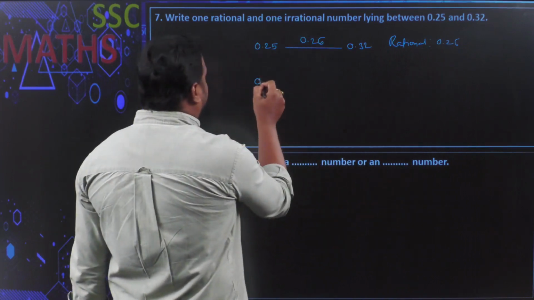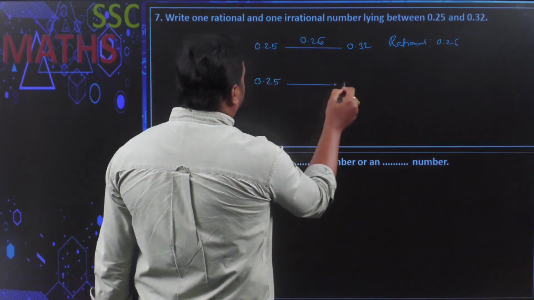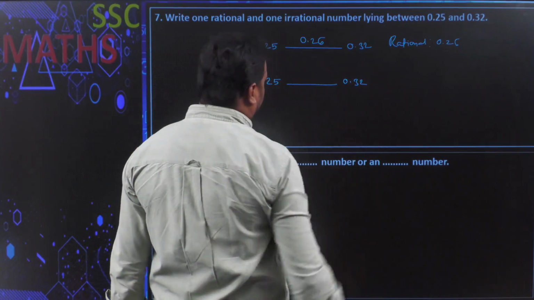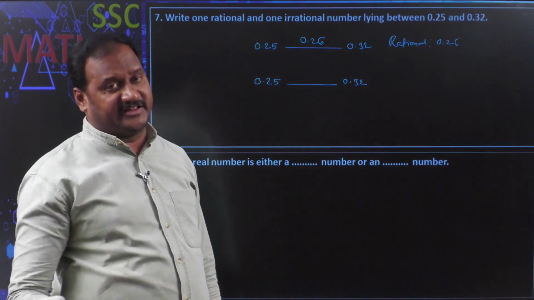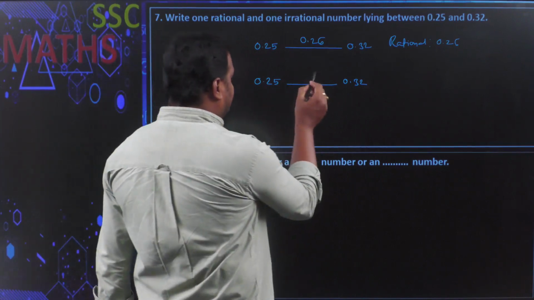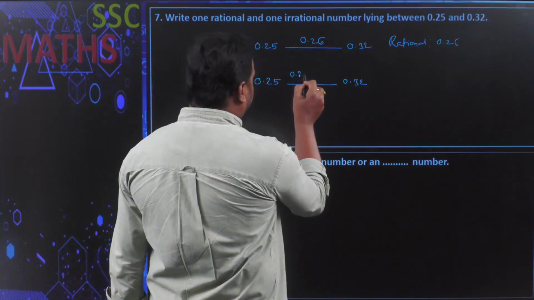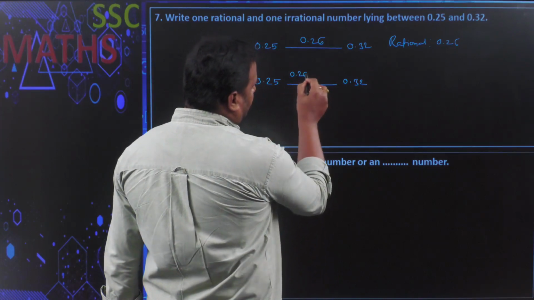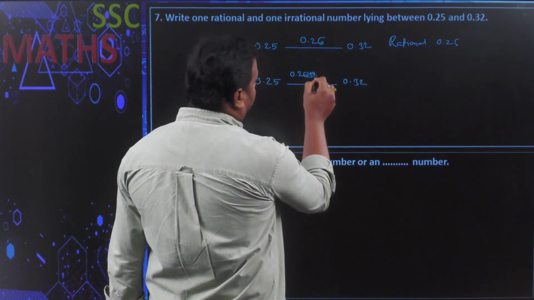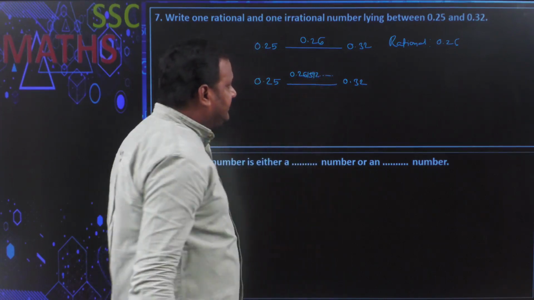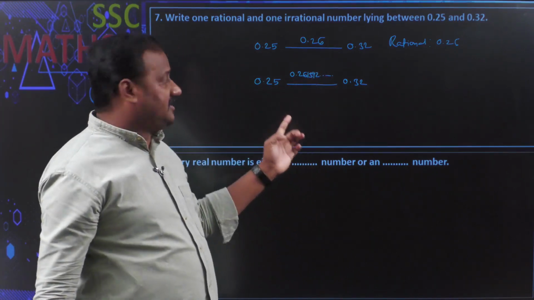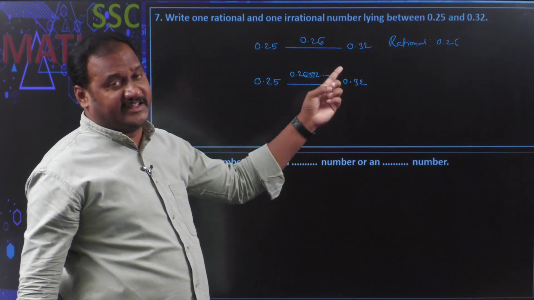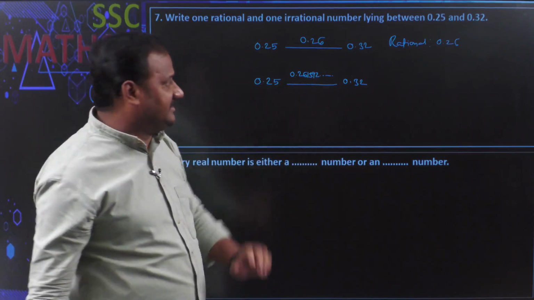And I would like to write one irrational number between 0.25 and 0.32. What do you mean by an irrational number? Just now we discussed, it is neither a terminating nor a repeating decimal. It should be more than 0.25. I would like to write 0.261392 and so on. See, this number is more than 0.25 and less than 0.32, but it is not a terminating decimal and not a repeating decimal.